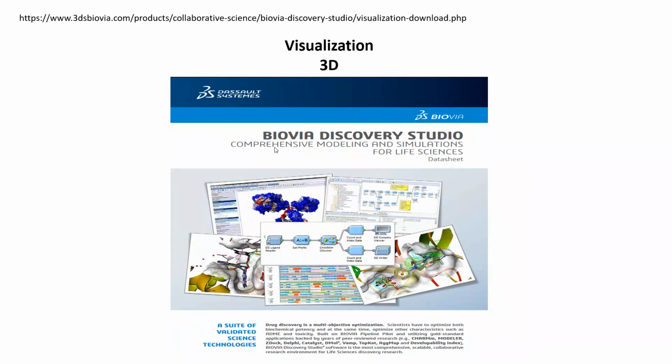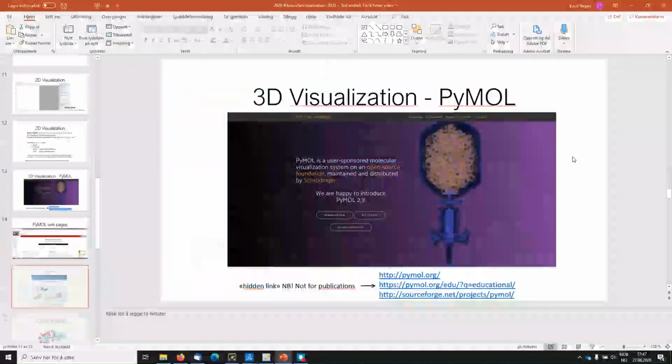But if you just want to look at the structure and you're not too familiar with typing commands and using PYMOL, I would recommend using Discovery Studio from BioVia, which is really easy to use. The disadvantage maybe is that the graphics is, well, it's good enough to have in a publication, but if you want to make really impressive graphics, then maybe PYMOL is better.